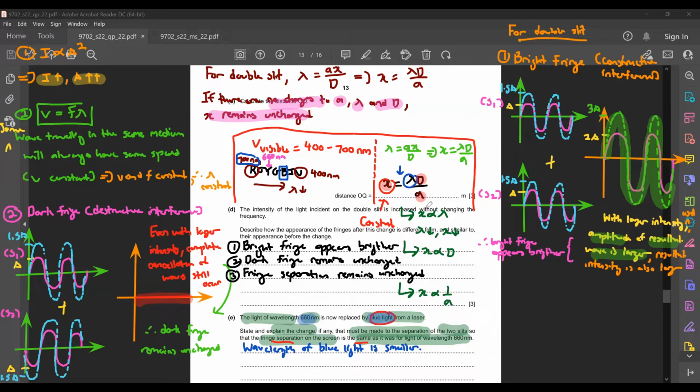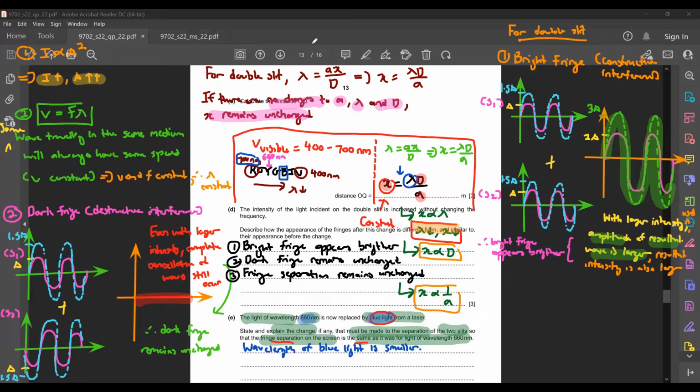So the thing now is that if my wavelength drops because I'm using blue light, my x is dropping. In order to counter that so that my x remains the same, I need to make some changes so that my x increases. I can do something with D, I can do something with a. But I need to make sure that the change is opposing the decrease in wavelength, because the decrease in wavelength causes x to drop. So I want the x to increase back so that it remains unchanged.